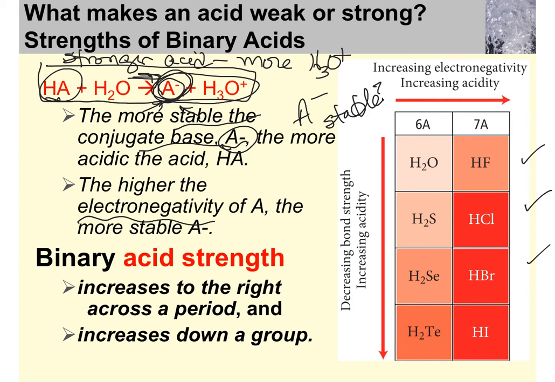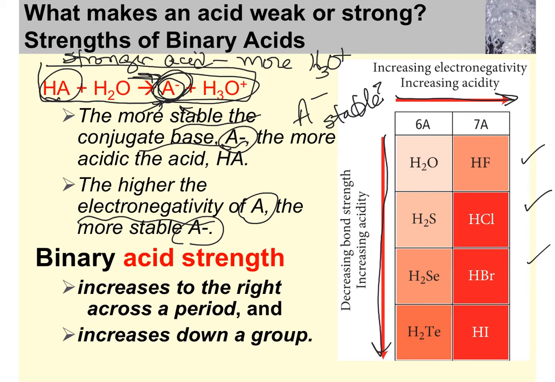So the more electronegative A is, the more stable it will be with a negative charge. And so now we have to think about the electronegativity trend, right? Electronegativity increases going from left to right across a period, and electronegativity decreases going down.